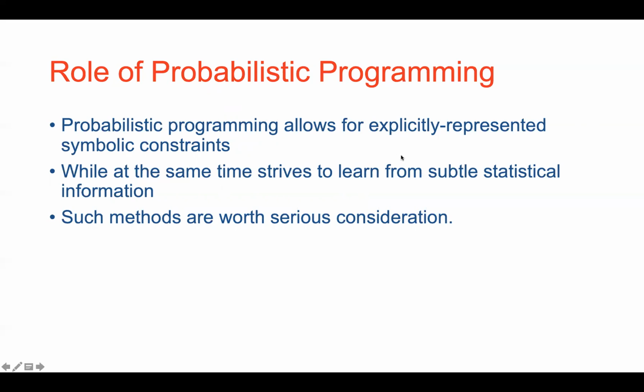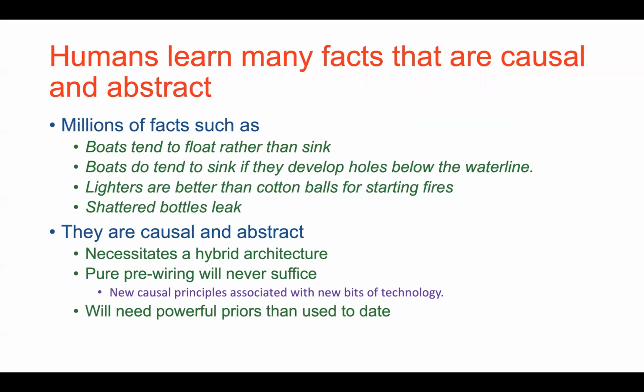So there are symbolic constraints, that is what causes what and so on, some kind of hierarchical tree structure we have. And we have all these probabilities that we learn in terms of what happens when with what probability. And there are all kinds of conditional probabilities we're able to calculate. Given that this has happened, what's the probability of this and so on? That becomes pretty sophisticated mathematics, but that's all probabilistic programming. Such methods are worth serious consideration. So this is put forward as a mechanism that could play the role of symbolic reasoning.